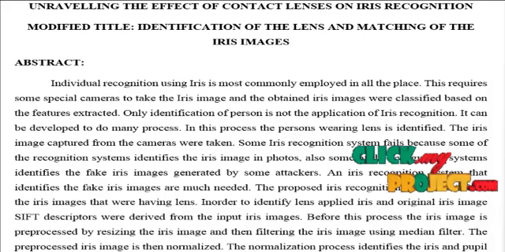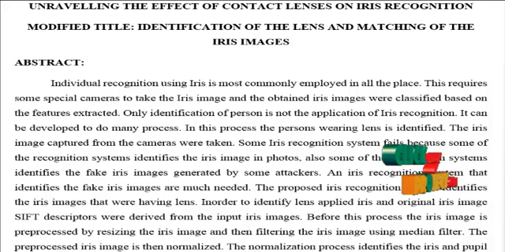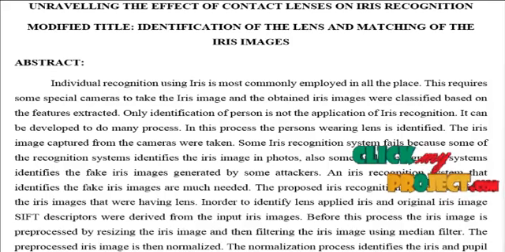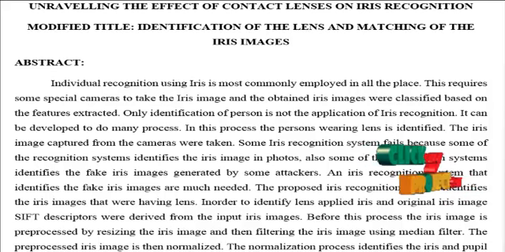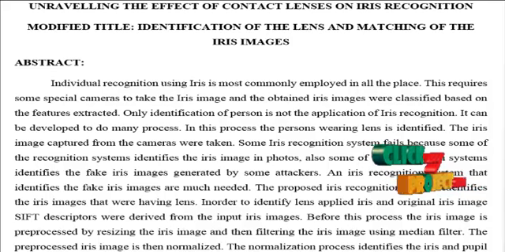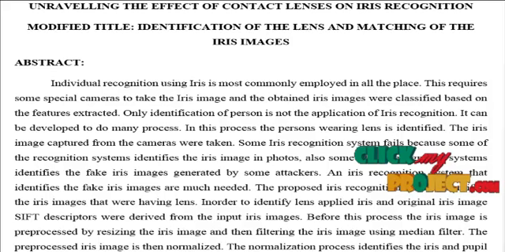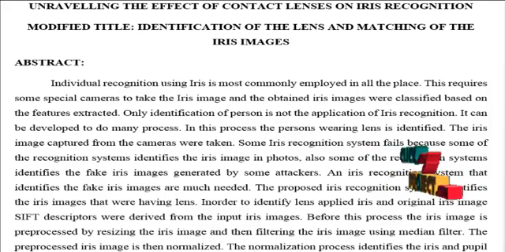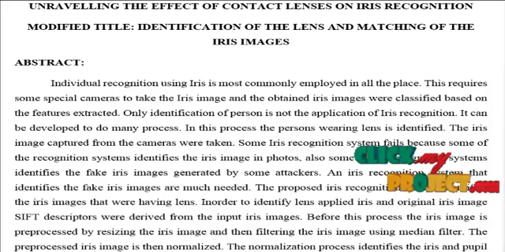In order to distinguish lens-applied irises from original iris images, SIFT descriptors are derived from the input iris images. Before this, the iris images are pre-processed by resizing and then filtering using a median filter.